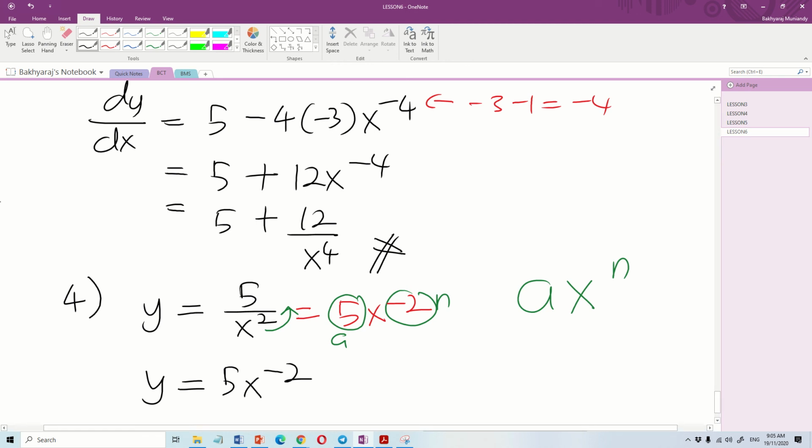Dia akan bagi macam soalan 4. They won't give you like 1 to 3. 1 to 3 is just the basic only. All the problems will be positive power, something like 5 over x square, you need to differentiate.